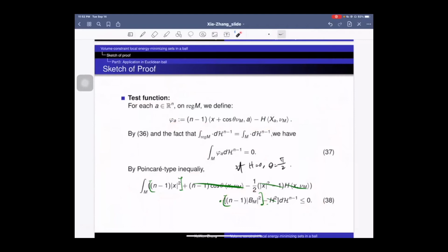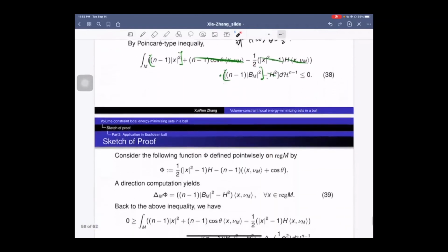And the second fundamental form's norm squared of M is the sum of the squares of the principal curvatures, which shows that M is a totally geodesic ball in Rn, so it is a hyperplane in Rn.